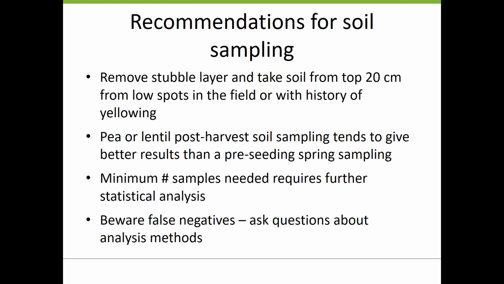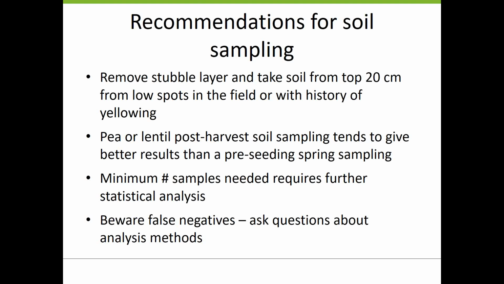We're still working out the minimum probability and the minimum number of samples that are needed in order to make sure that you get the correct result. But I think as I showed with that field where we sampled 10 sites, we were able to pick out one positive site as long as you're targeting those low spots. And then just a word of caution here, do beware of false negatives and ask questions about the analysis method.